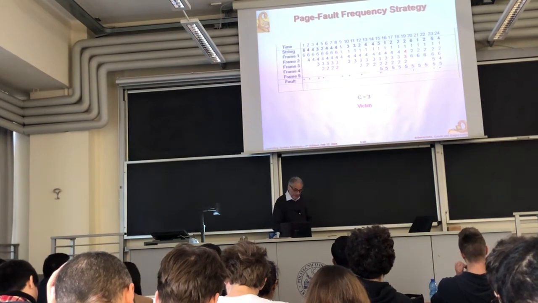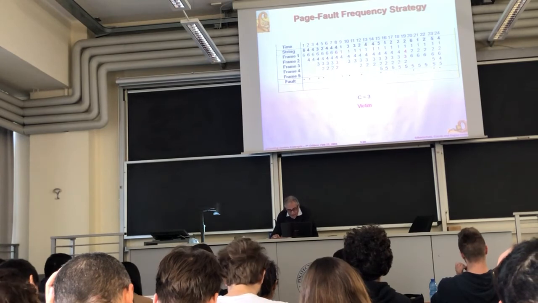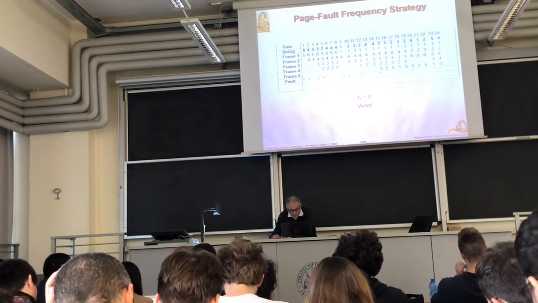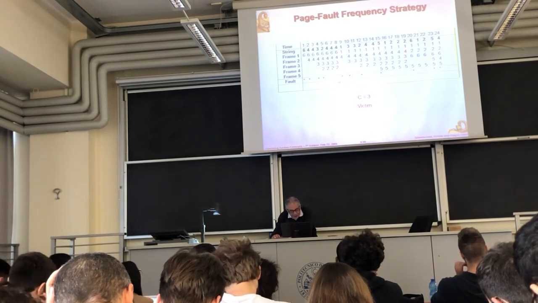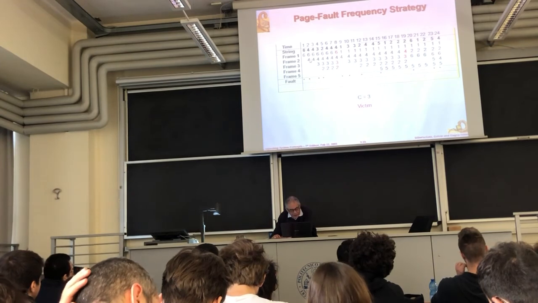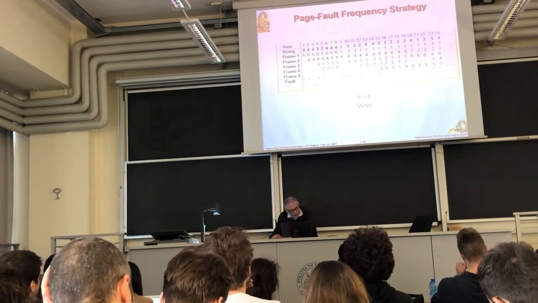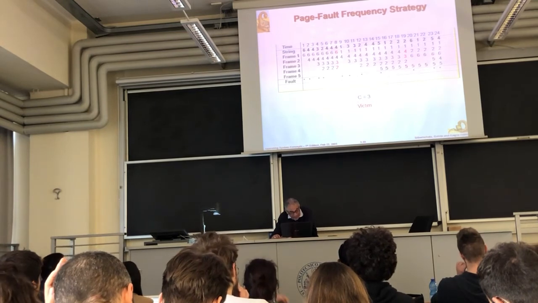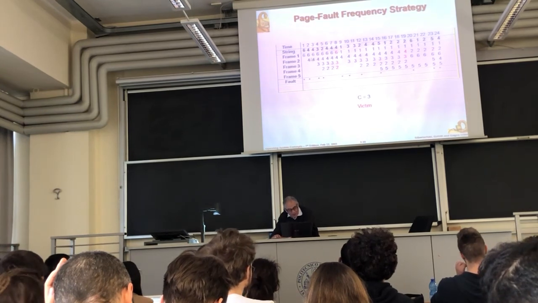So let us look at the example here. C is set to 3, and the red ones are deleted pages. So page fault here, of course the page fault is at distance 1 that is less than 3, so we add page 4 to the residence set of this process.